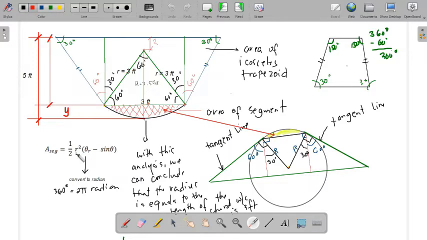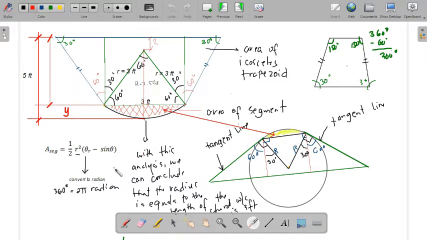So the area of a segment, not a semicircle, is equal to 1/2 r squared, open parenthesis, theta in radians minus sine theta.